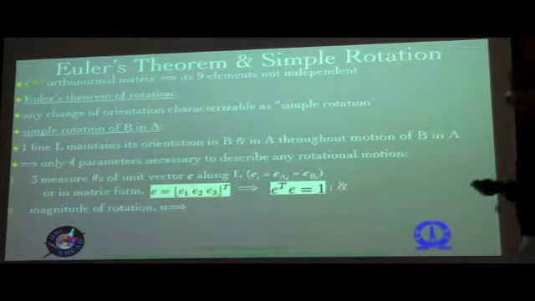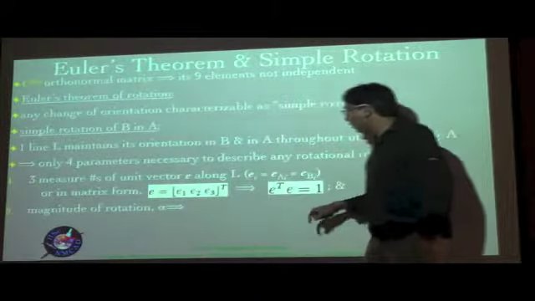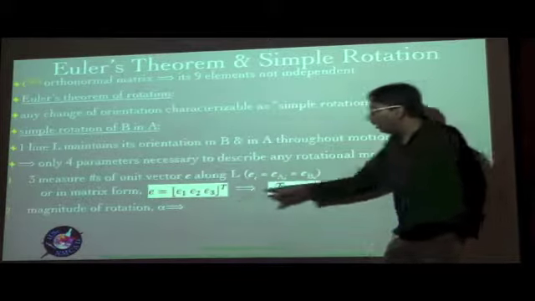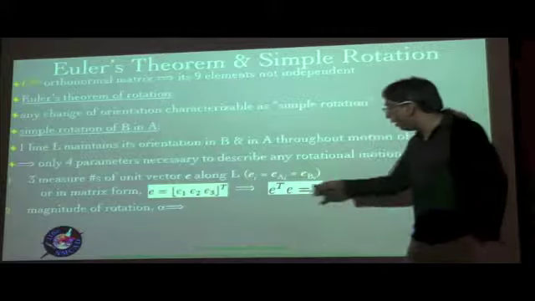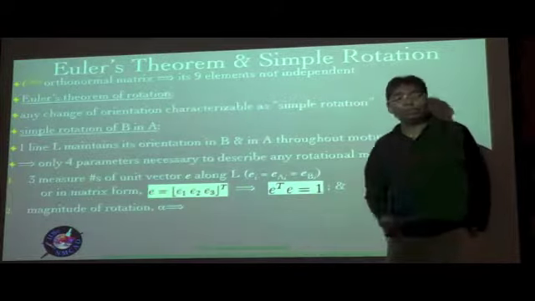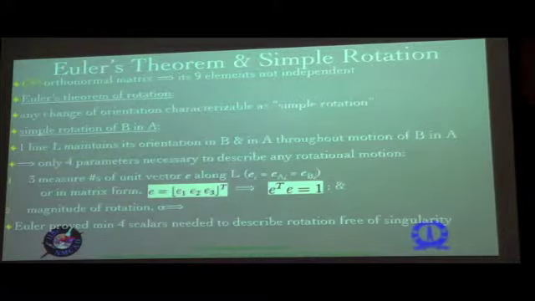But the fact that that direction can be specified by a unit vector means that you don't have all of those three components of that vector as independent. You have a constraint. So Euler proved that a minimum of 4 scalars are needed to describe the rotation free of singularity.